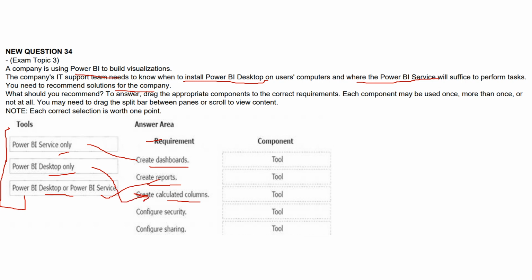Next is configure security. For configuring security, we are able to use both Power BI Desktop and service. And the last one is configure sharing. For configuring sharing, we use Power BI service only. That's all for this question.